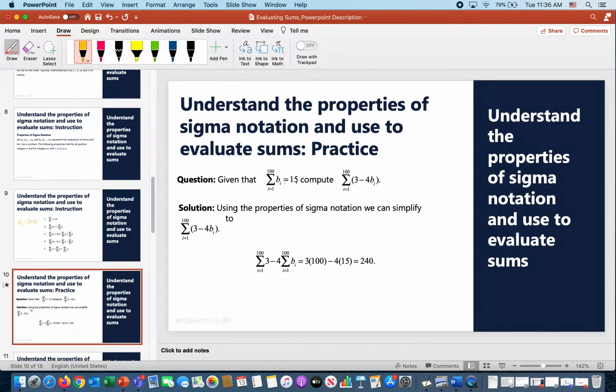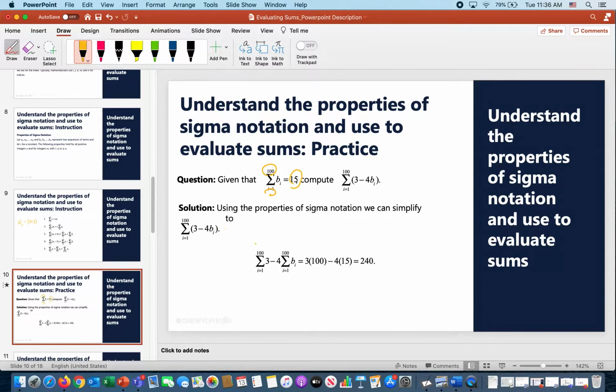So right here we've got, given that we have the sum from 1 to 100 of b sub I equal to 15. Okay? Compute this thing right here, okay? The sum of 3 minus 4 b sub I. So remember what we said, the sum from 1 to 100 of b sub I is 15.